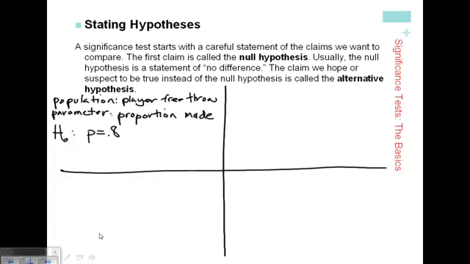We follow it up with the alternative hypothesis. We'll call that the HA. The alternative hypothesis. And what does Jason say he thinks is true? That's what's going to go in the HA claim.